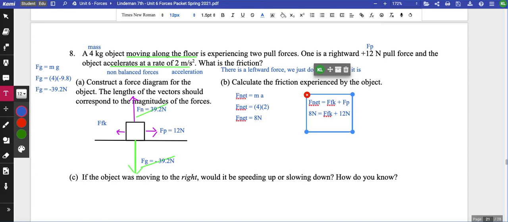Do we see how for this problem I would subtract 12 from each side? So 8 newtons minus 12 is equal to FFK plus 12 minus 12. I should put an N there. So then we would just have negative 4 newtons is equal to FFK.